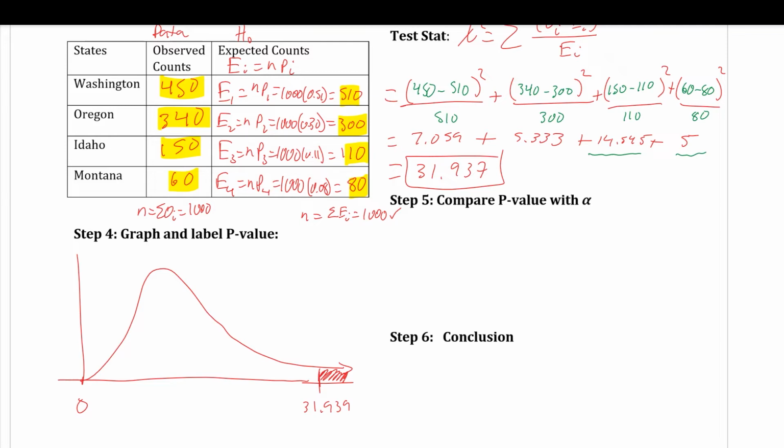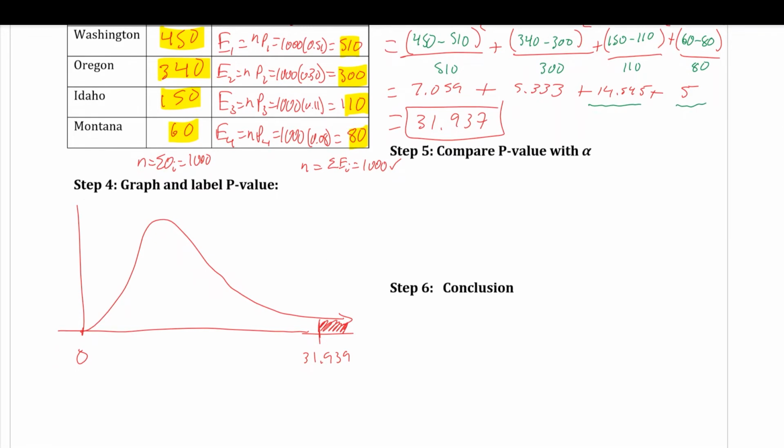We had to calculate this p-value here. That can be done in a number of ways. You can use chi-squared CDF. I'm kind of showing you the long way right now. We have a lower and upper bound, and degrees of freedom. The lower would be this value, 31.939. Upper goes all the way to infinity, so 1E99.